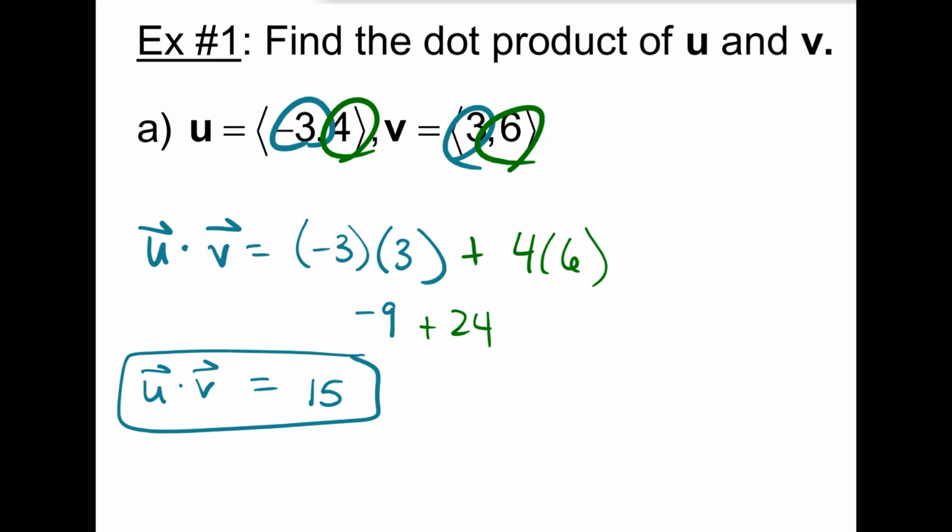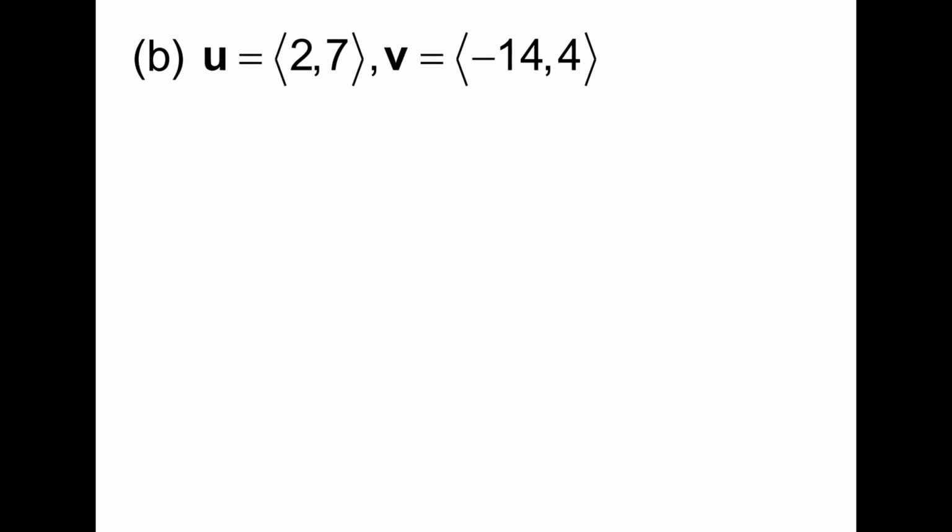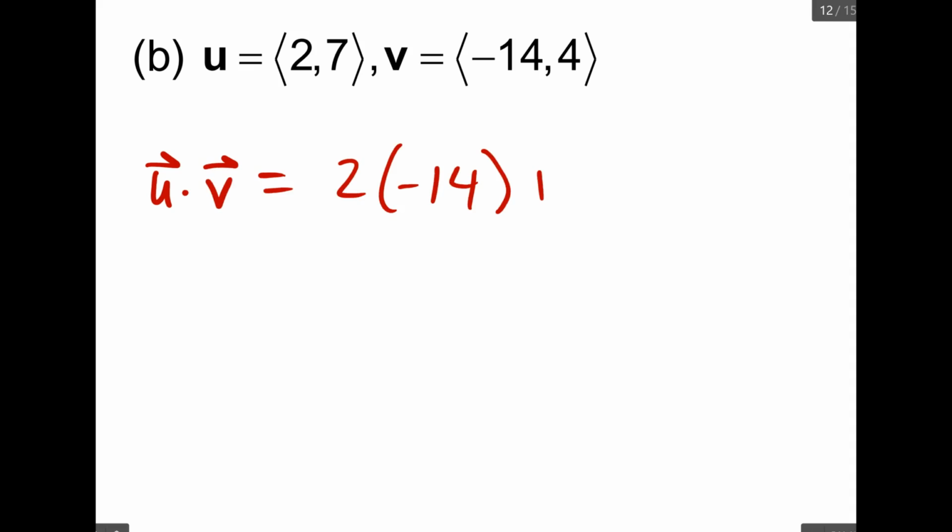Cool. In physics, you use the dot product a lot. All right. Okay, part B. Let's do this. So u dot v is going to be 2 times -14 plus 7 times 4.